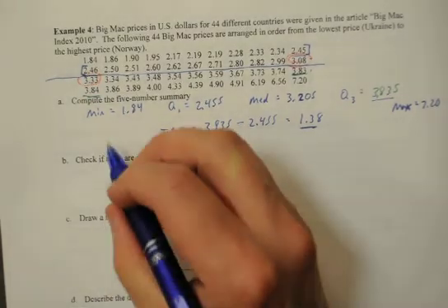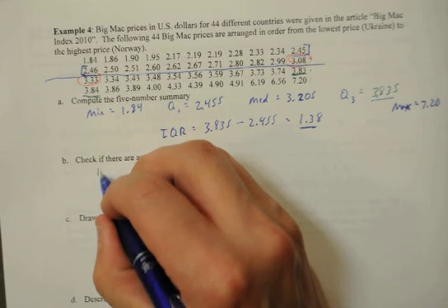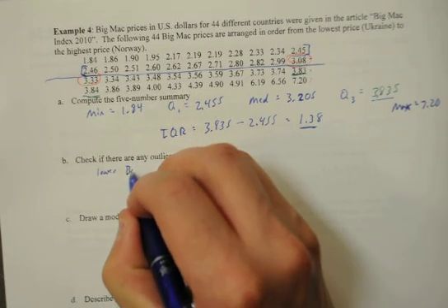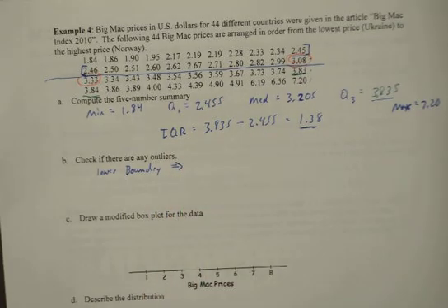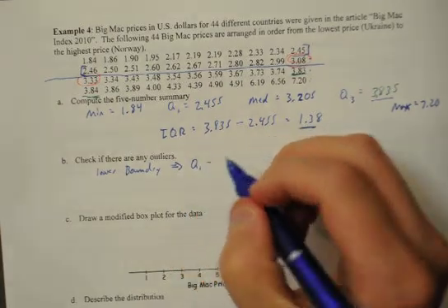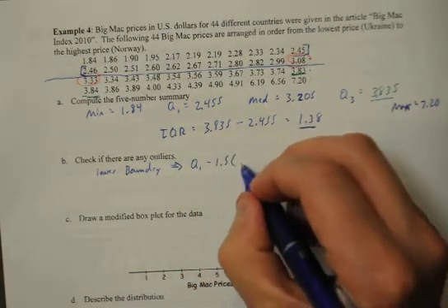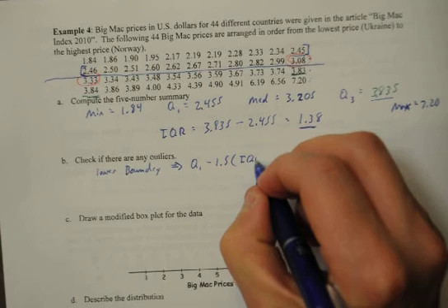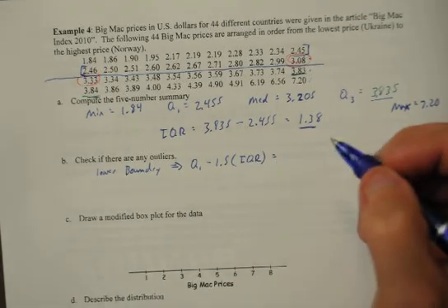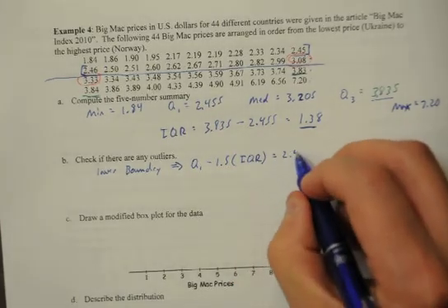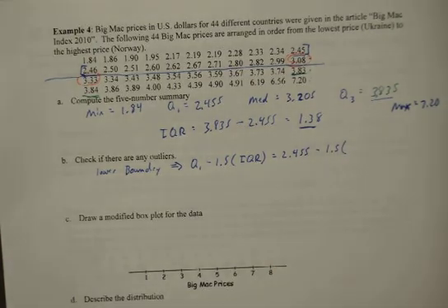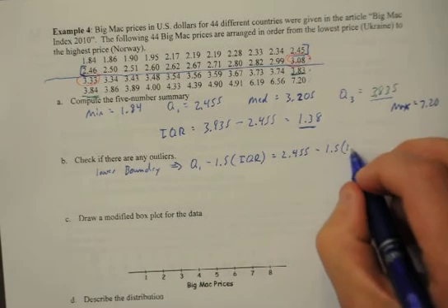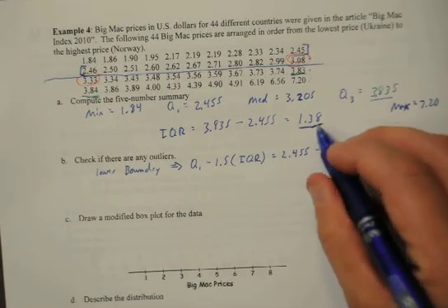Okay. So the lower boundary for the outliers is Q1 minus 1.5 times the interquartile range, which is 2.455 minus 1.5 times 1.38, which is what we just found right there.